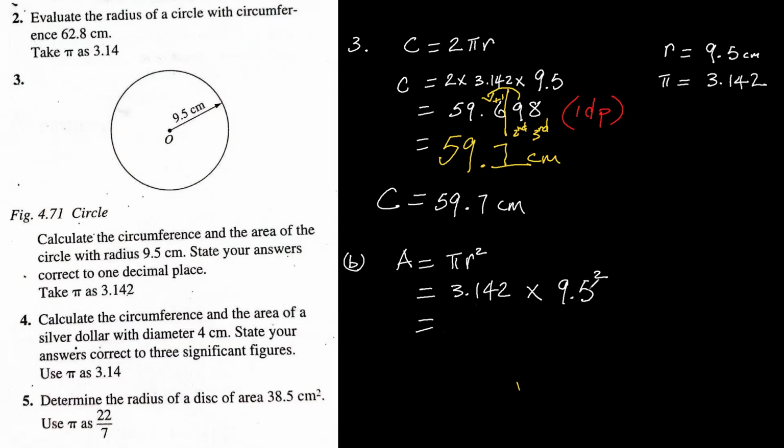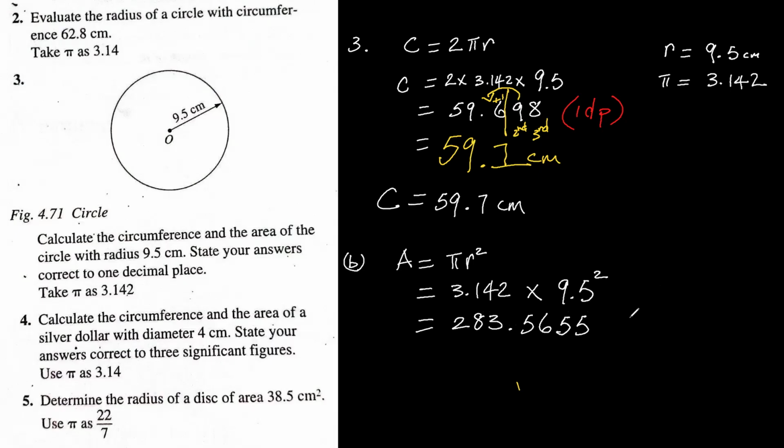Now, that means it's 9.5 multiplied by 9.5. I know some people had some strange answers because they didn't square this properly. So it's 9.5 squared. My answer on my calculator is 283.5655.